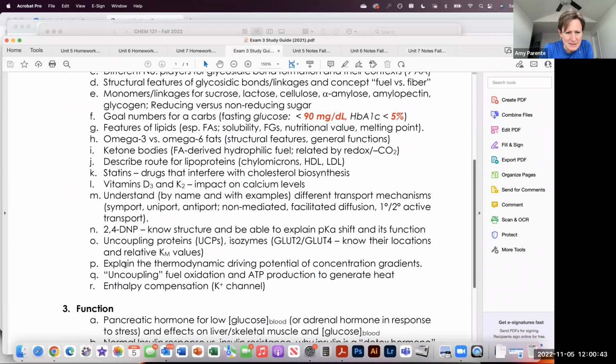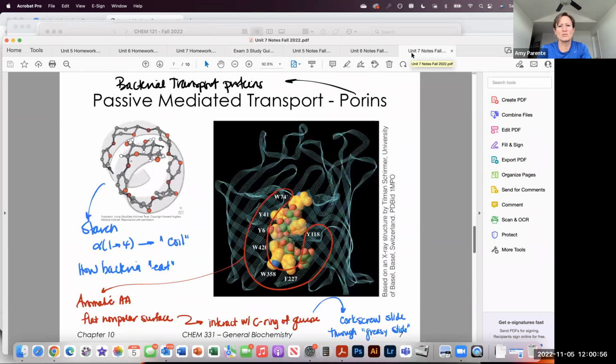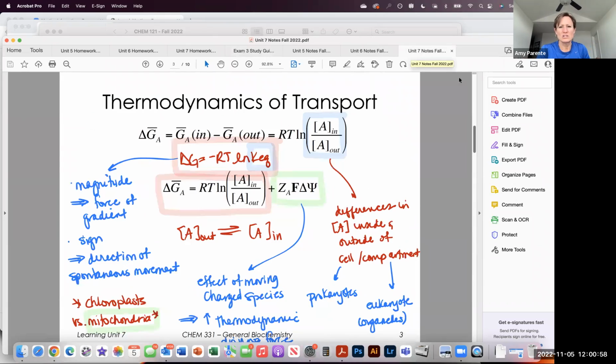And again, relative Km values, you don't need to know those absolute numbers, but just know who has a higher Km value. Explain the thermodynamic driving potential of concentration gradients. So that's going back to this first slide here, which has these crazy equations. But you know those equations. This really is just a flavor of delta G equals minus RT ln of Keq.